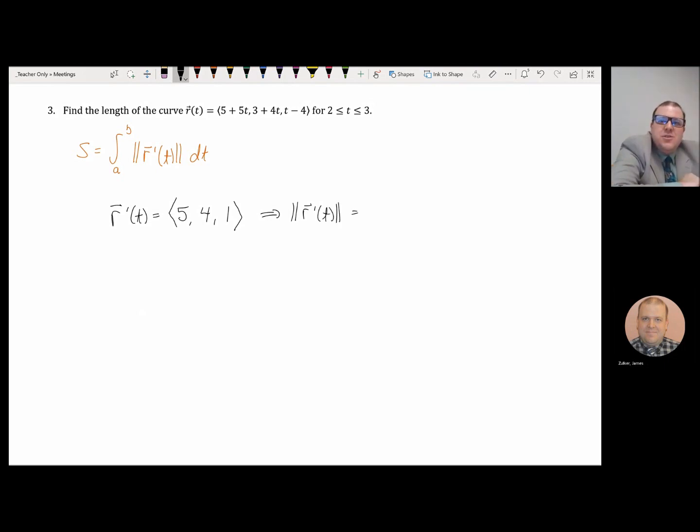Means its magnitude is the square root of 25 plus 16, 41. And then plus 1 would be 42. 42 is 6 by 7. Right, so prime factorization 2 by 3 by 7. So that can't be simplified.